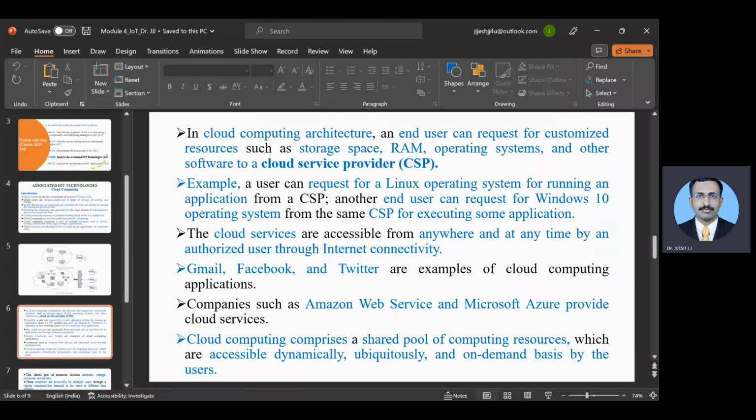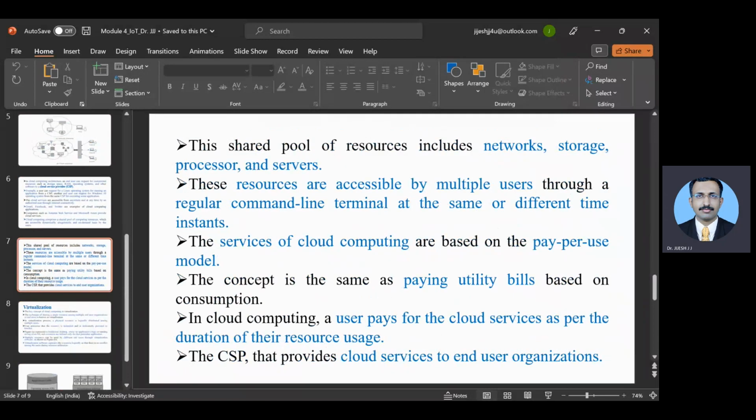And what is the next one? This shared pool of resources can include network, storage, then processors and servers. And multiple users through a regular command line can be used for different instances.